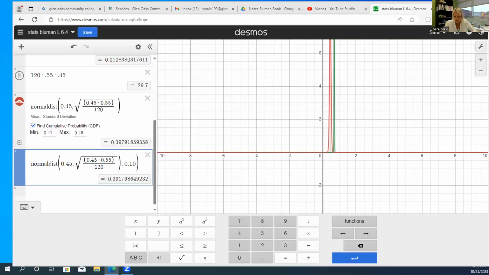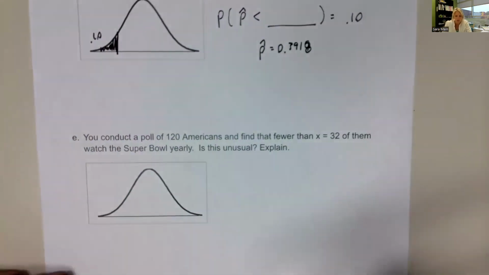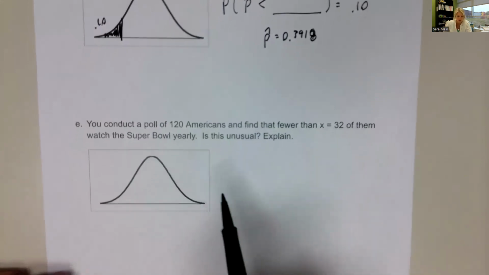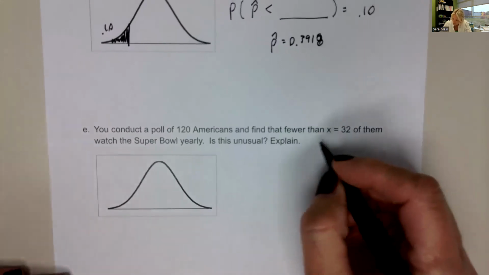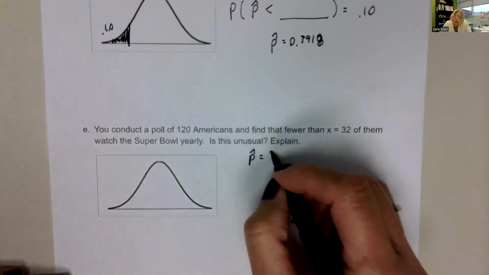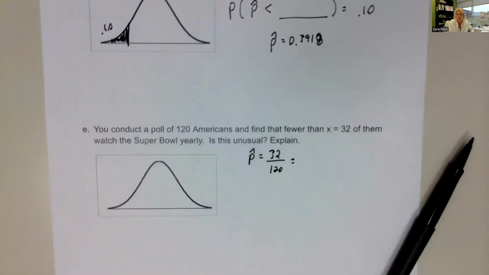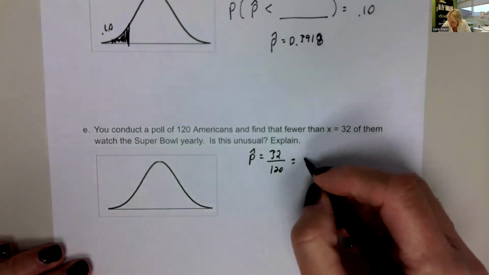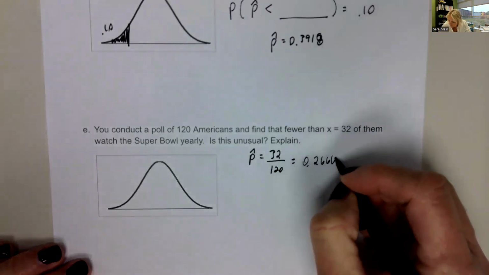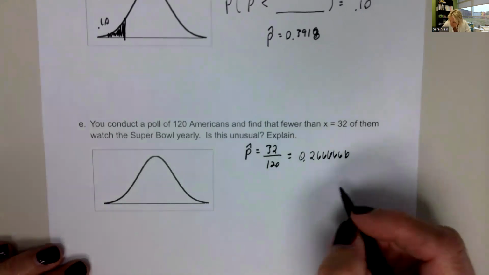And then letter E says, now conduct a poll of 120 Americans and find that fewer than 32 of them watch the Super Bowl yearly. Is this unusual? So 32 means that we would have a p hat of 32 out of 120. So that p hat is 0.2666666, rounded, obviously.